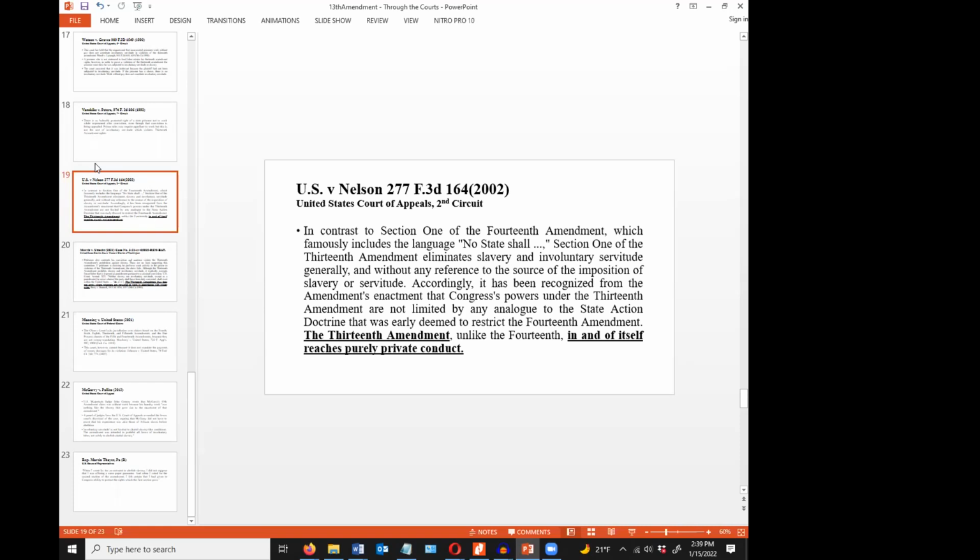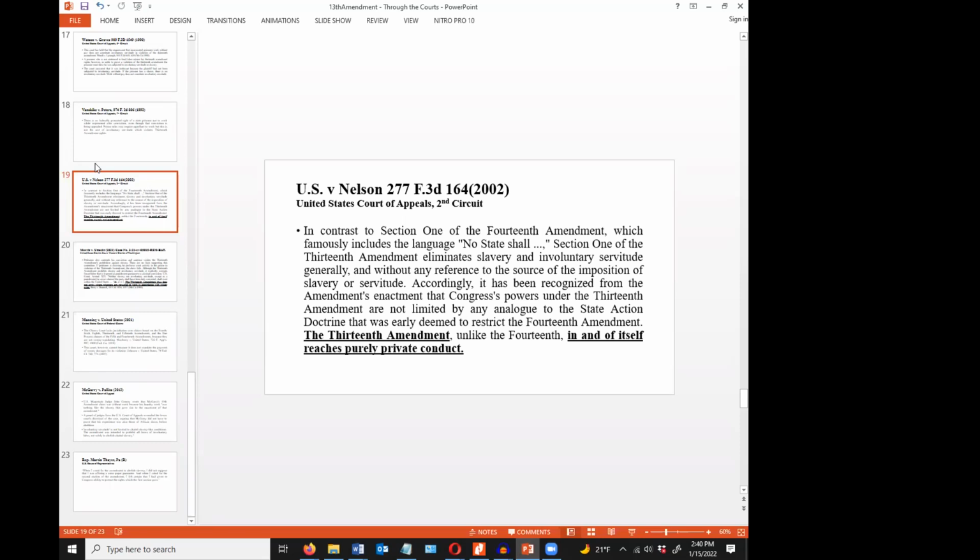So it says the 13th Amendment in and of itself reaches purely private conduct, but it didn't go any further to establish what it meant by private. But we do know that there's a distinction between a natural person and an institution or an entity as being a person, but again, the court just basically said if it's not the government or the state, that's where the 13th Amendment applies, that it only applies when you're dealing with a private individual.